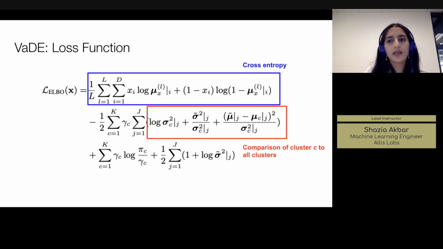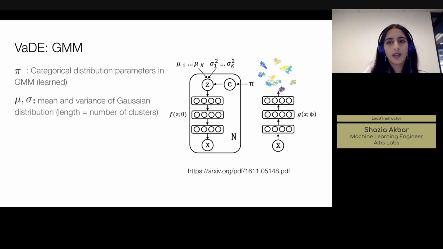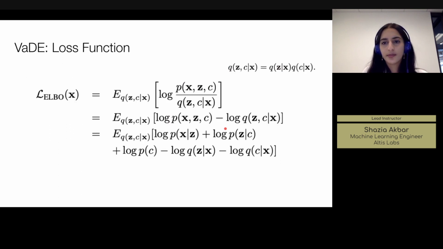So is there a one-to-one correspondence between them? So here, the unit Gaussians are essentially, because the length is the same as the number of clusters we have, each cluster should theoretically be represented by a unit Gaussian within this entire framework. So yes, there is a strong correlation between the clusters and the unit Gaussians we have. Okay, thanks.